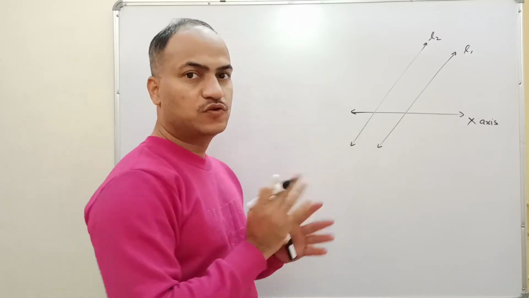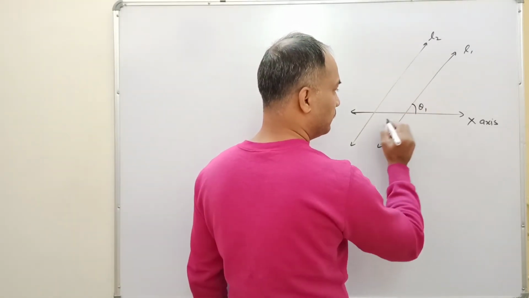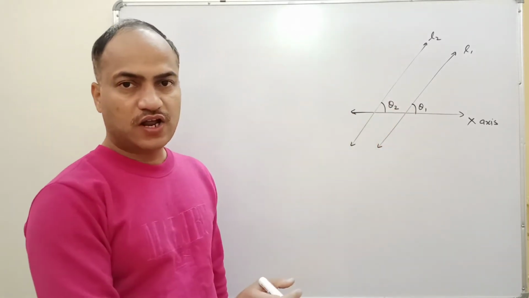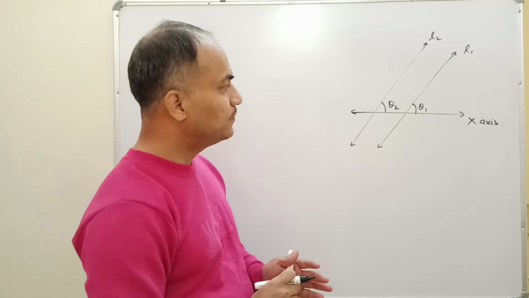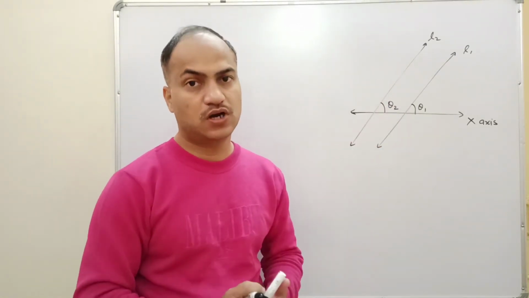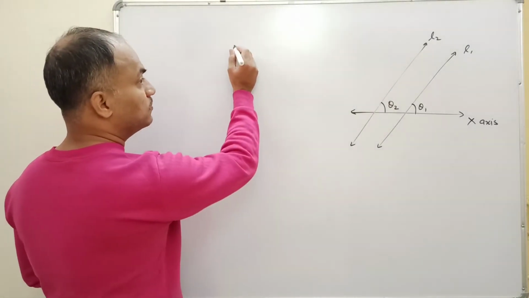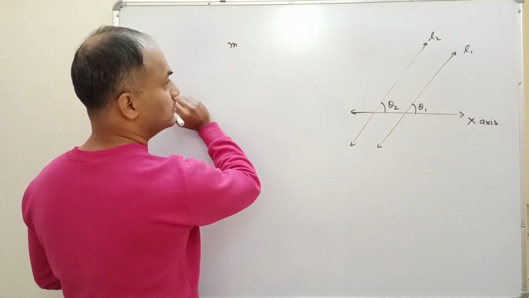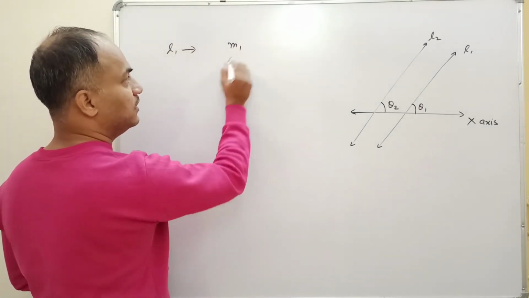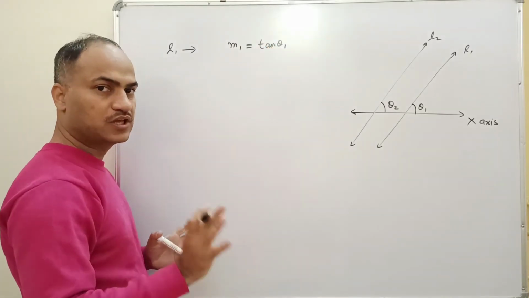Suppose we have two straight lines L1 L2. This line is making angle theta 1, this line is making angle theta 2 from the positive direction of the x-axis. अब इनका स्लोप्स अभी हमने डिस्कस किया था सेम होगा, but कैसे होगा, क्यों होगा? ठीक है, this is the discussion over here. तो हम कह सकते हैं स्लोप ऑफ लाइन फर्स्ट. For line L1 slope is m1 and this value by formula we know it is tan theta 1. ठीक है.